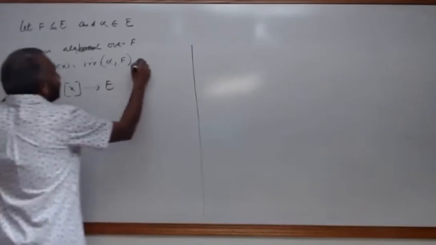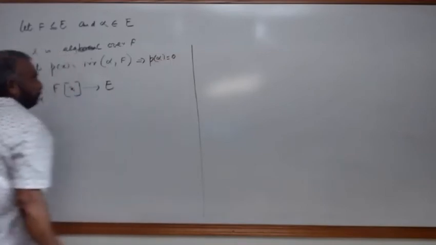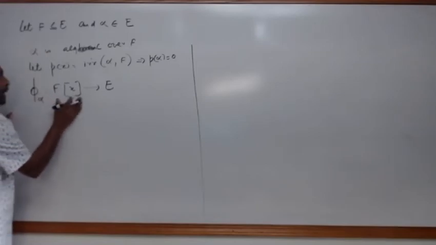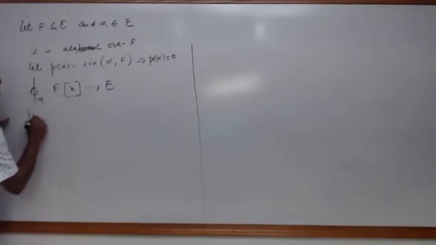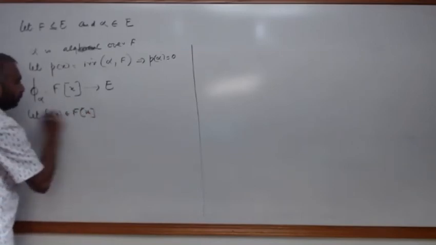This means P of alpha is equal to 0. So we are trying to find out the image of phi alpha. Take an element f of x from F of x.